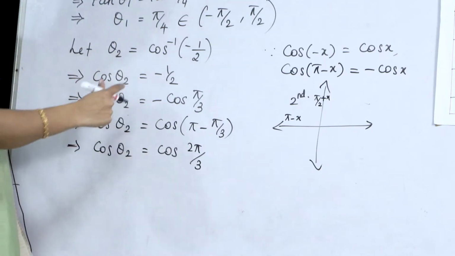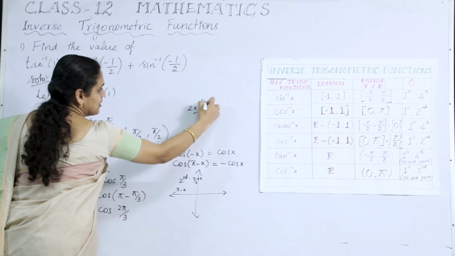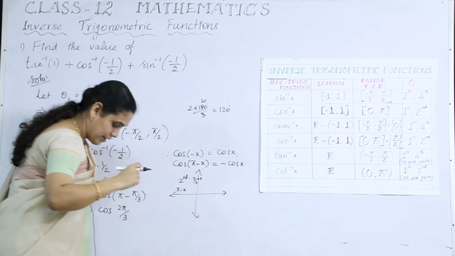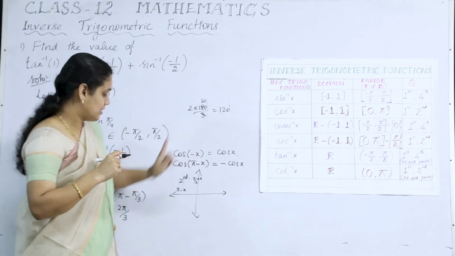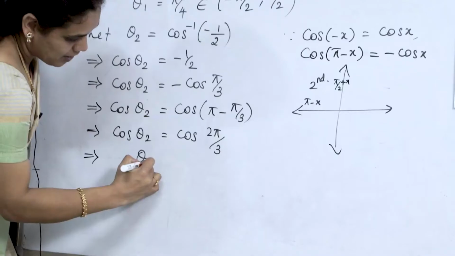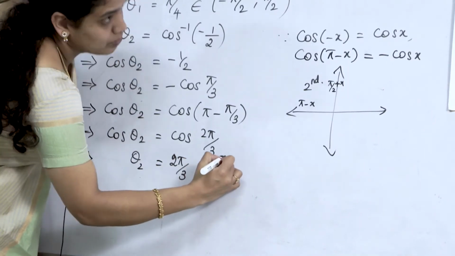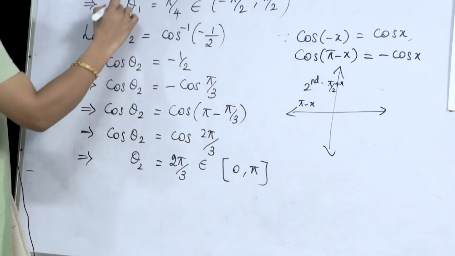What is 2 pi by 3? 2 into 180 by 3, which is 60, that is 120. Is 120 in the interval 0 comma pi? Yes, between 0 and 180 it comes. Therefore, this is our answer. So, theta 2 equals 2 pi by 3, which belongs to the interval 0 comma pi. Therefore, we take this value.